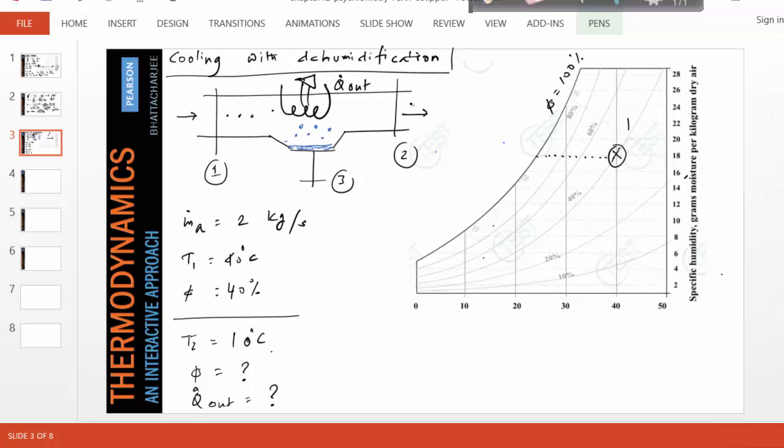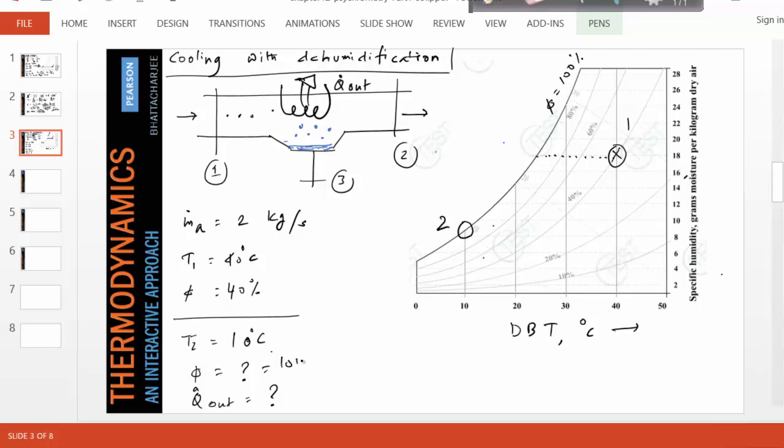The further you cool, phi will always be 100%, but we're cooling, so the temperature is going down, down, down until the temperature reaches 10 degrees. So my final state will be somewhere on this 10 degrees Celsius line. Remember, this is temperature in degrees Celsius, or dry bulb temperature. So the final state is somewhere here, and phi is 100%. So this will be my state 2.